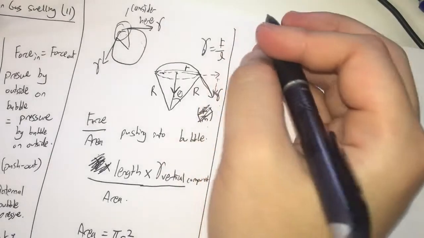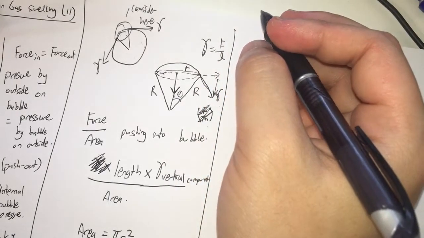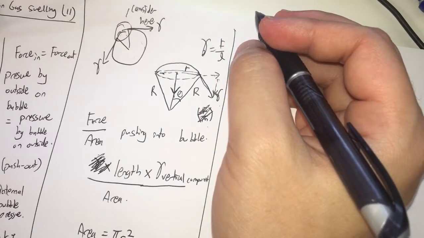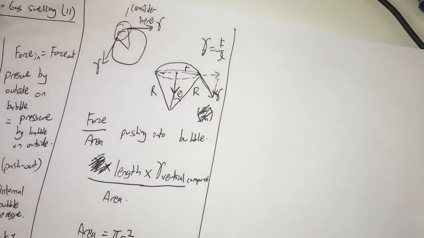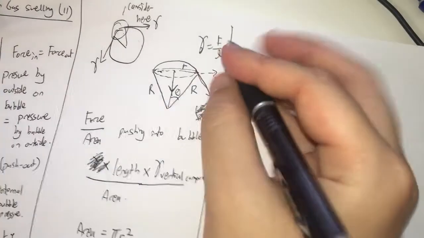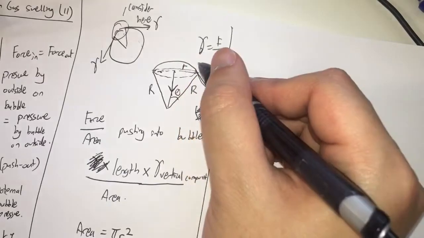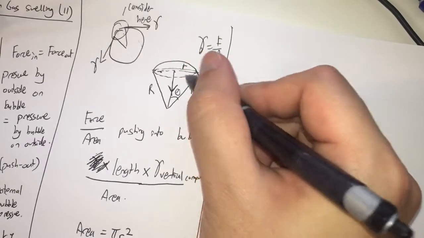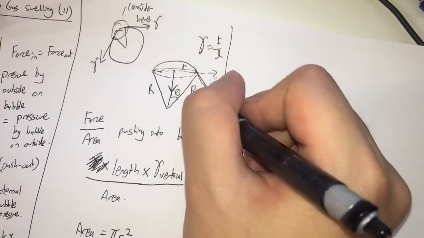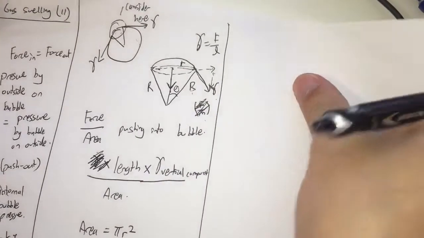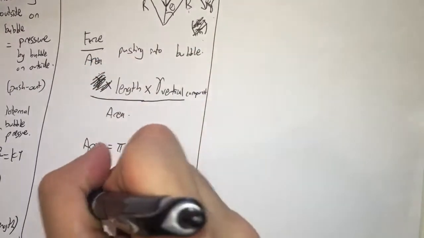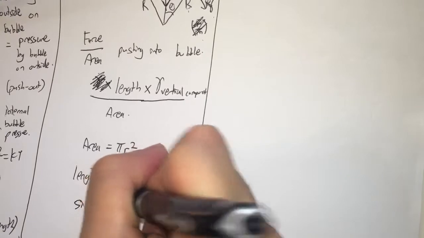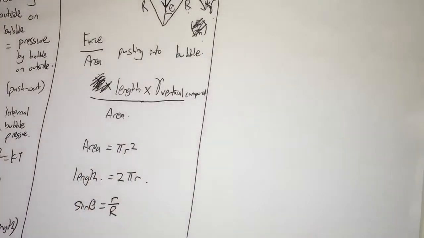And so sine theta equals the opposite over the hypotenuse. So sine theta equals small r over big R. Let's just write that down first. Small r over big R.